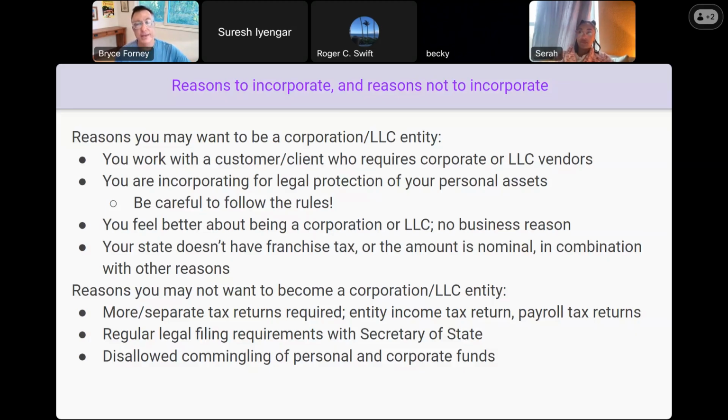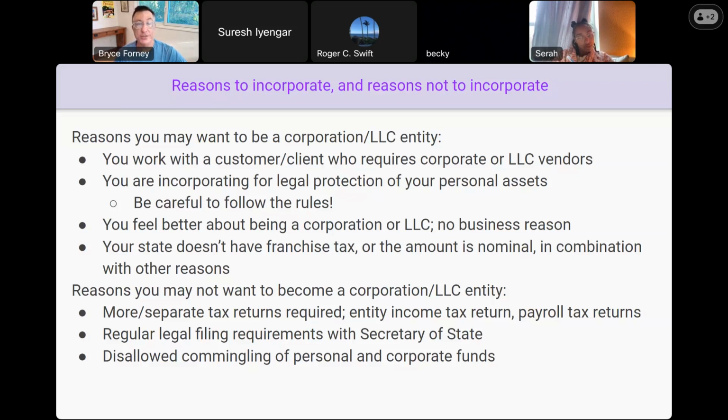And the other thing I think is worth considering on becoming an LLC is, can you buy insurance for the type of risk that you see happening? And is that insurance less expensive than the franchise tax to be an LLC?